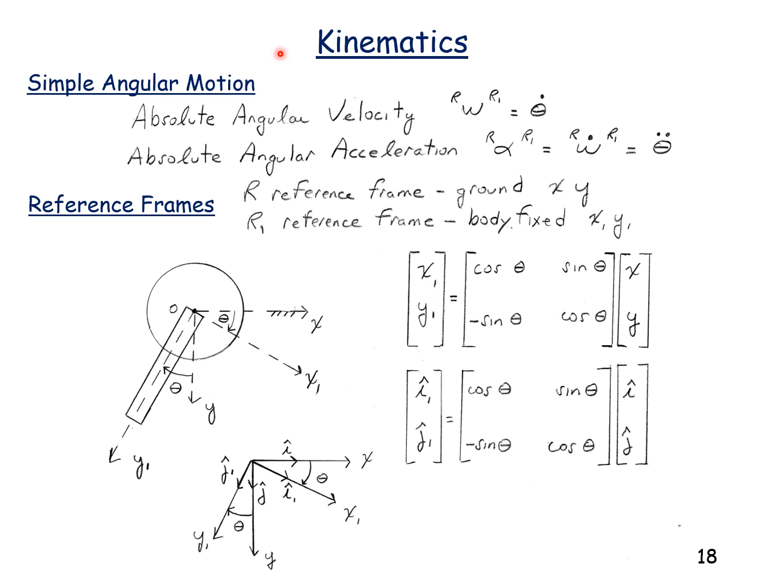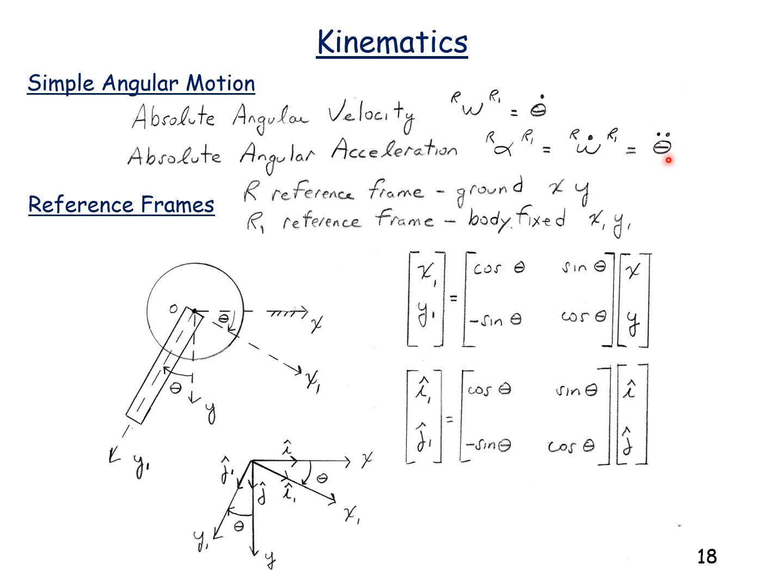This is simple angular motion that we have here. The z-axis of the grounded reference frame and the z-axis of the body fixed XYZ coordinate system stay parallel during the motion. That's simple angular motion. The angular motion is described by an angle, the velocity by the derivative of that angle, the acceleration by the second derivative of that angle with respect to time.